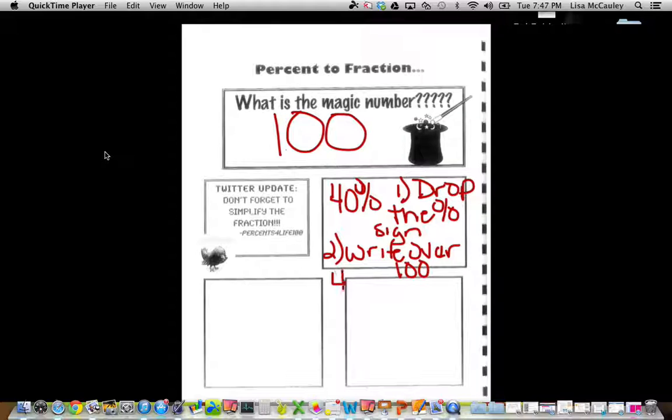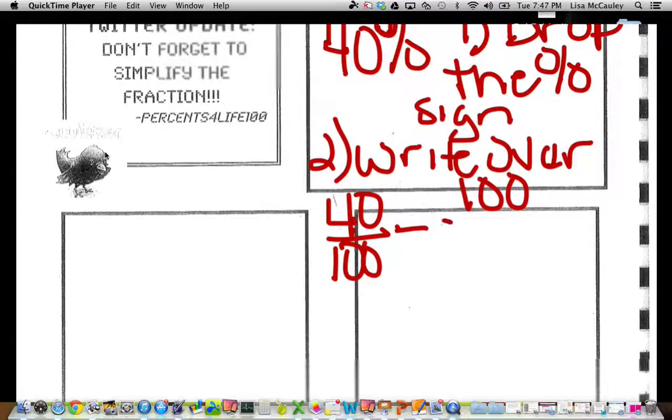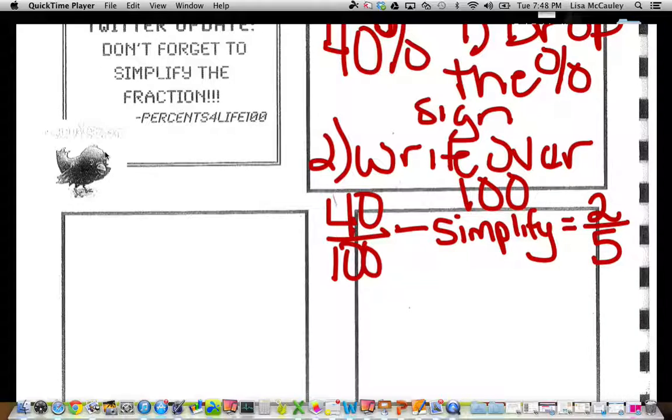So 40 100ths. And then I'm going to stretch this out a little bit. And then simplify, which equals, divide both of them by 20, and you will get 2/5. 2/5 equals 40 out of 100, or 40%.